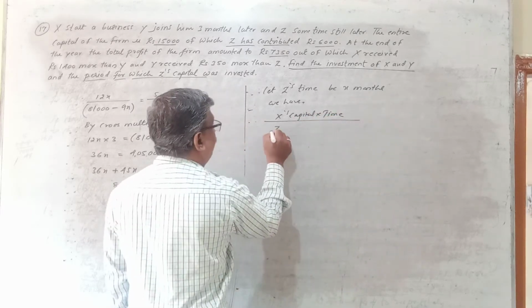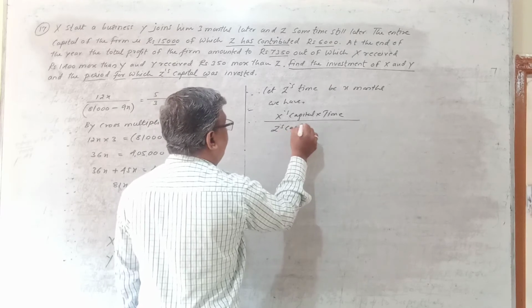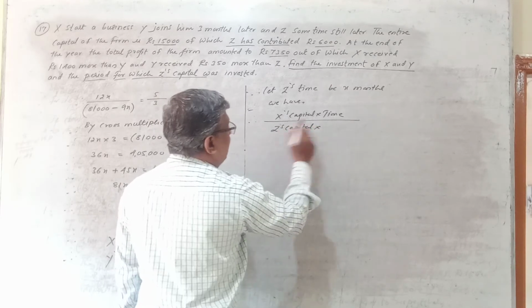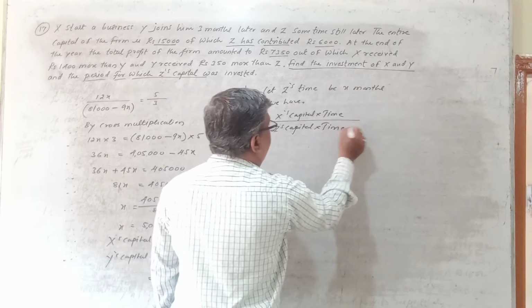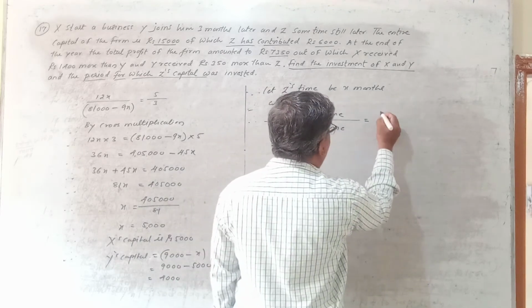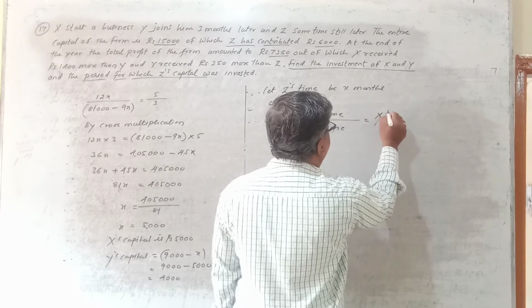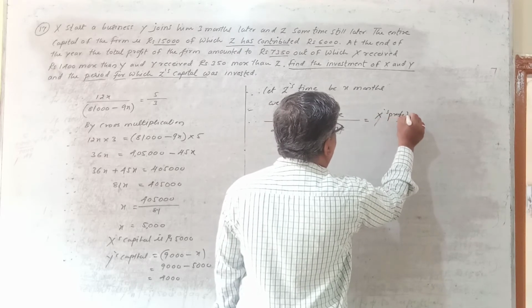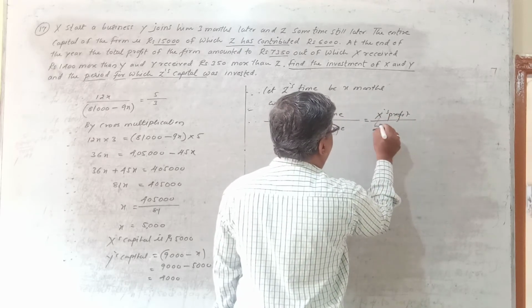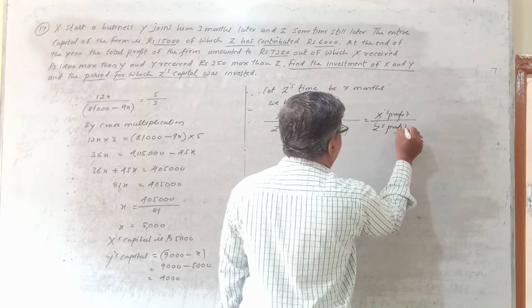That you have to divide by whose capital? Z's capital, because we have to find Z's time. So Z's capital into his time is equal to X's profit divided by Z's profit.